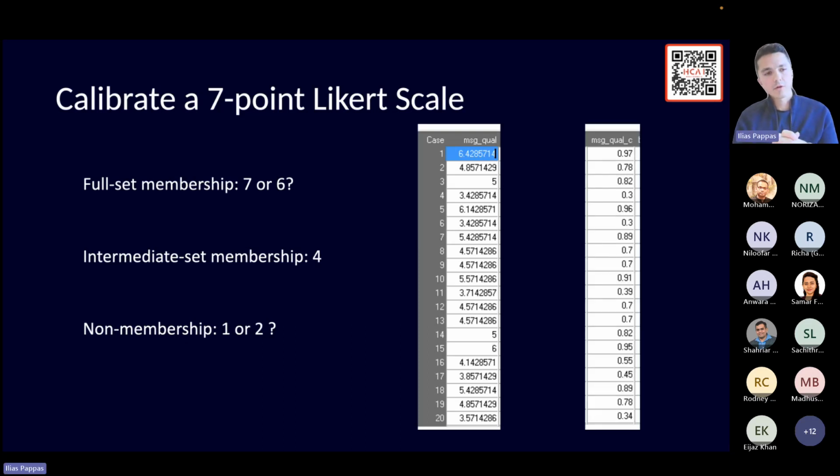After the transformation, after the calibration, the values look like this. The 6.4 on the Likert scale became a 0.97, and the rest follows. So being fully in the set is as close as possible to 1.